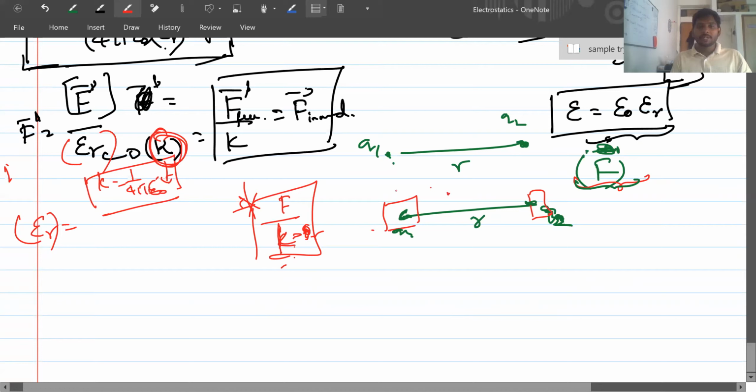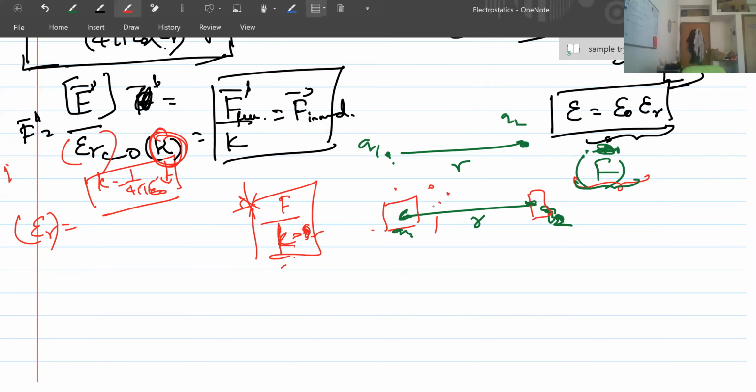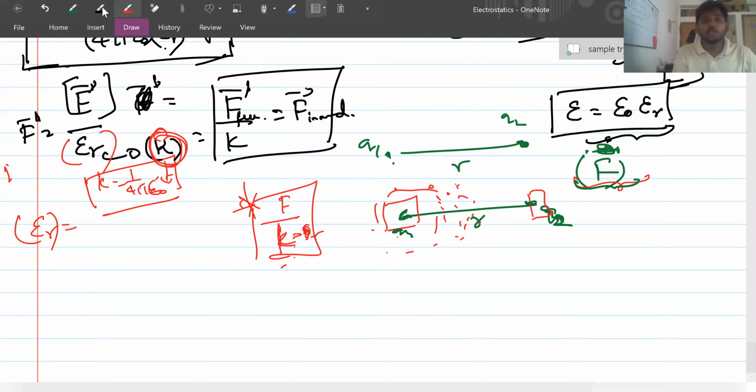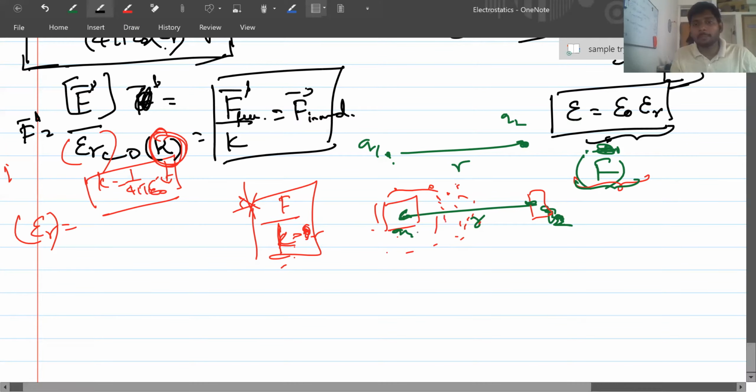Because there is a material here, some dielectric material, another medium. Due to this medium, which also applies a force, the force will decrease.